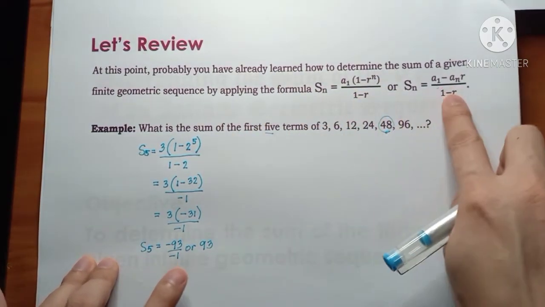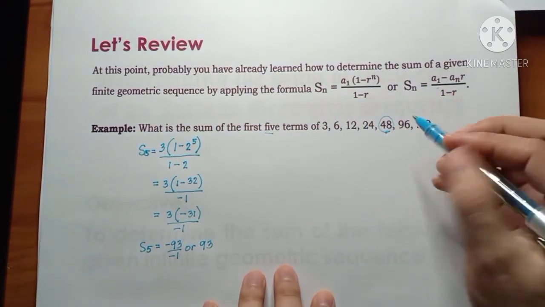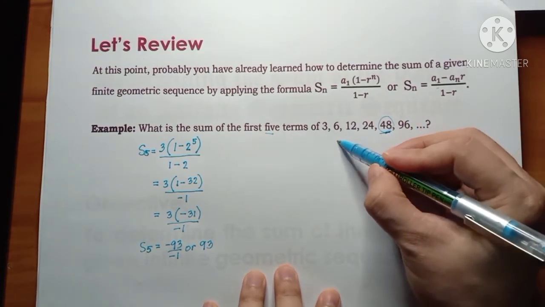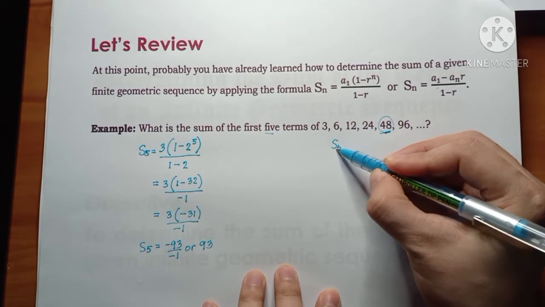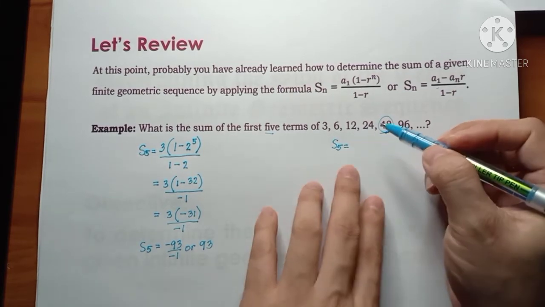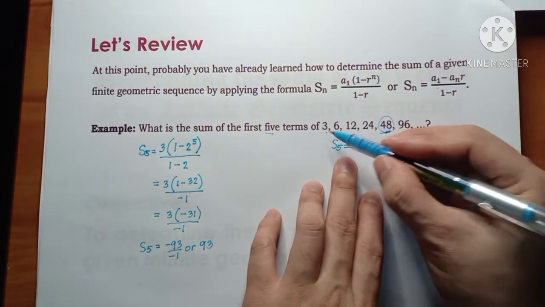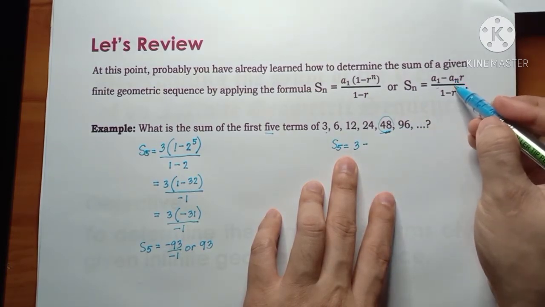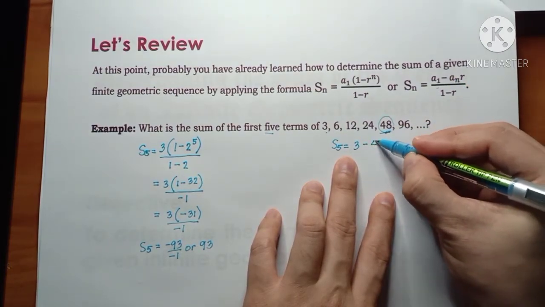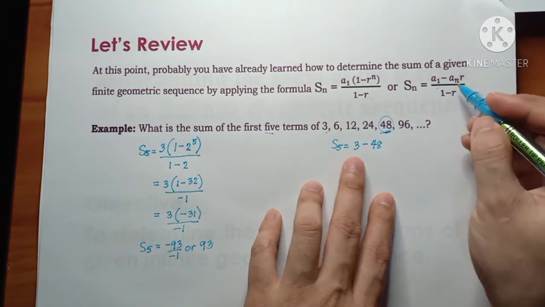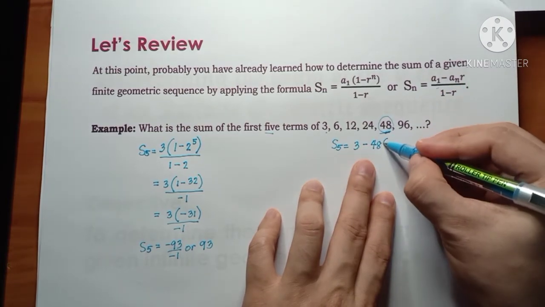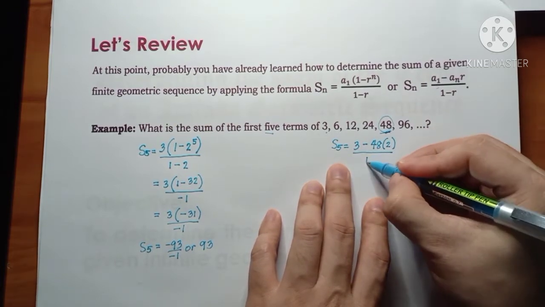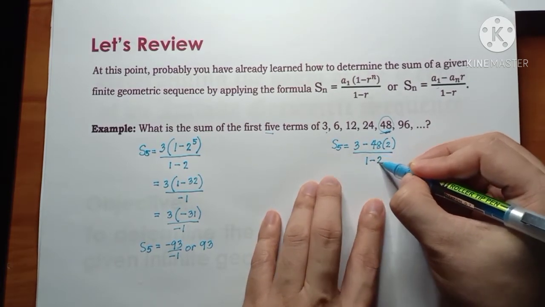So, paano naman pag ito ang gagamitin nating formula? Since, meron naman, alam naman natin na ito ang ating last term. So, we have S sub 5 is equal to, what is our first term? So, ang first term natin is 3 minus, ang ating last term is 48, and then ang ating common ratio is 2 all over 1 minus 2.